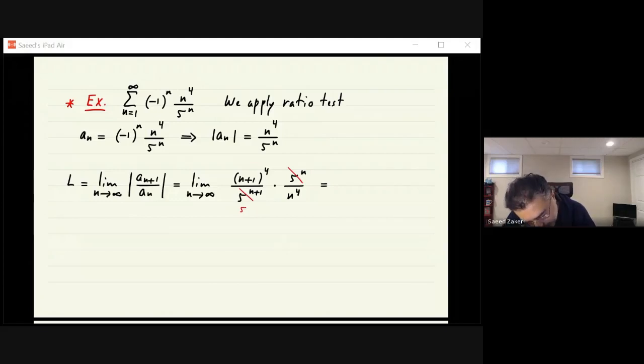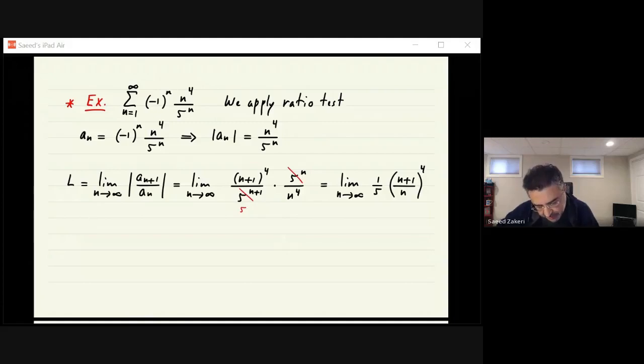So this is the same as the limit as n goes to infinity of, I have a 1/5, because I have a 5 on the bottom, and I have n plus 1 to the fourth on the top, n to the fourth on the bottom, which I can combine as n plus 1 over n to the fourth.